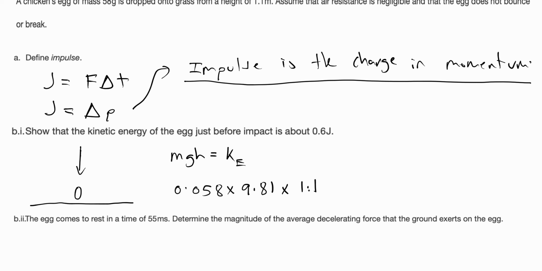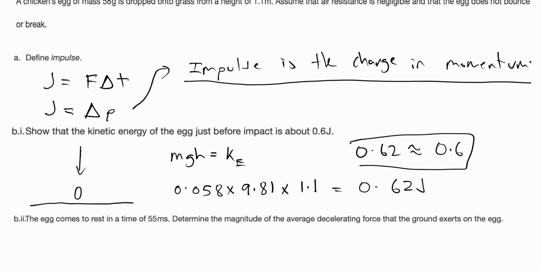Putting this into our calculator, we get the answer 0.62 joules, and 0.62 is roughly equal to 0.6. So that's how we derive this.